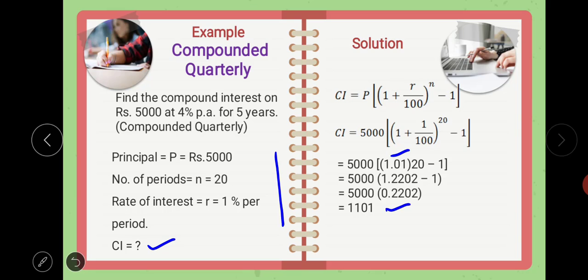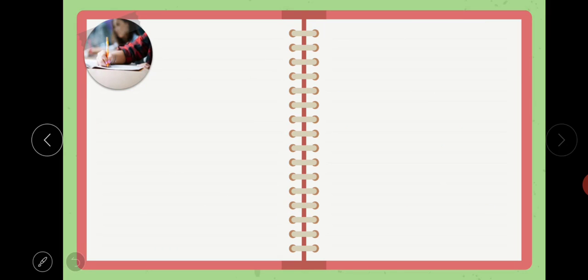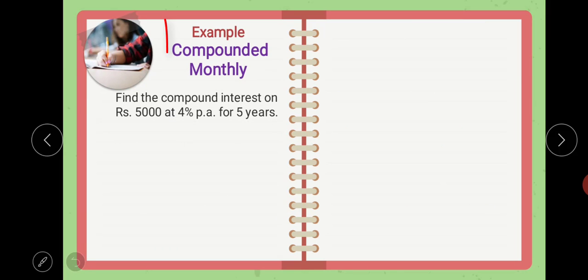It means compound interest is rupees 1101. So it will be increased. If we compare the compound interest compounded half yearly and compounded quarterly, in compounded quarterly, compound interest will be increased. Same way, this example we will calculate for the compound interest compounded monthly.